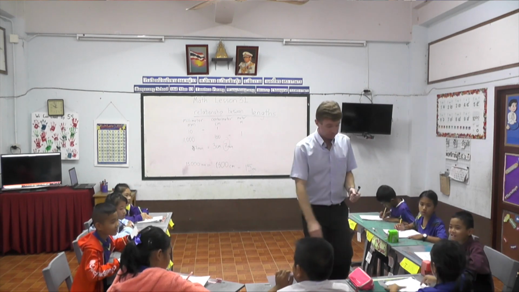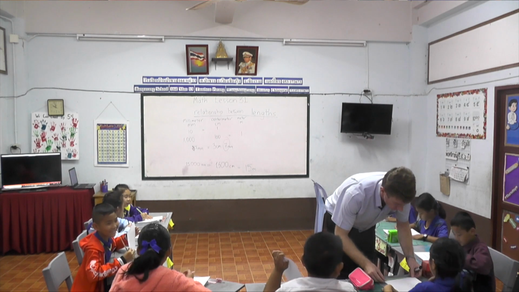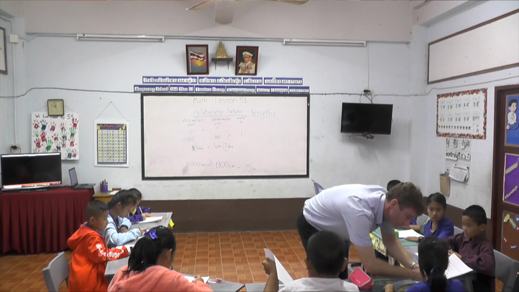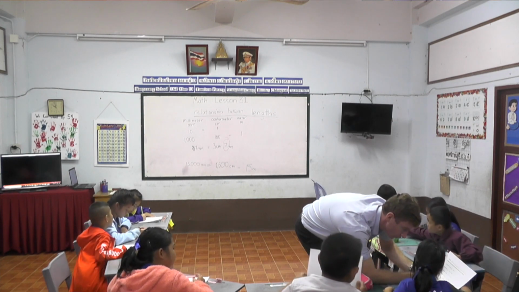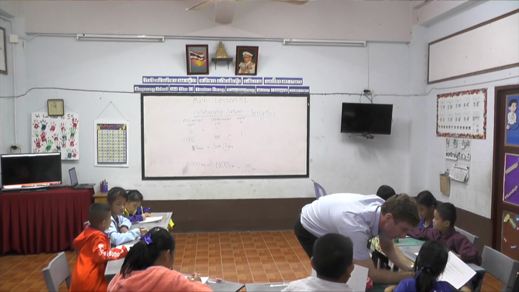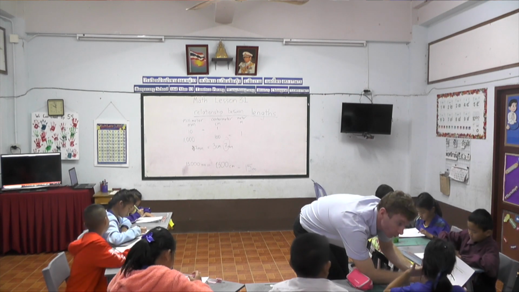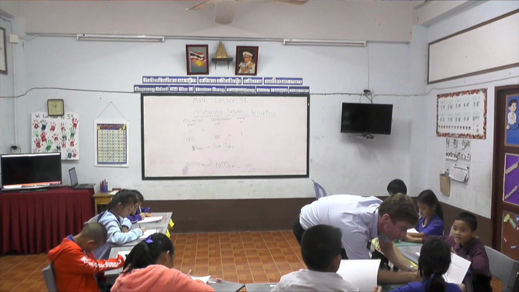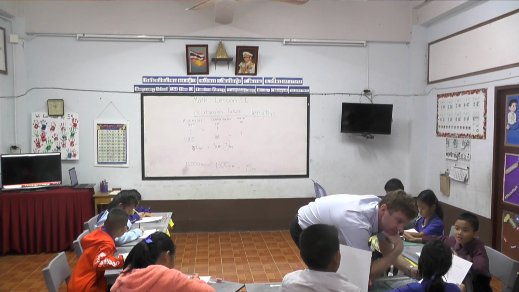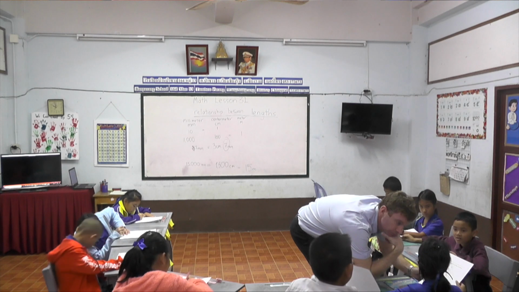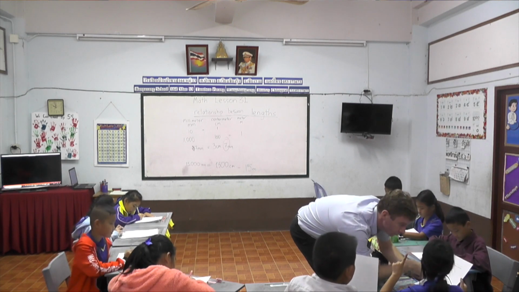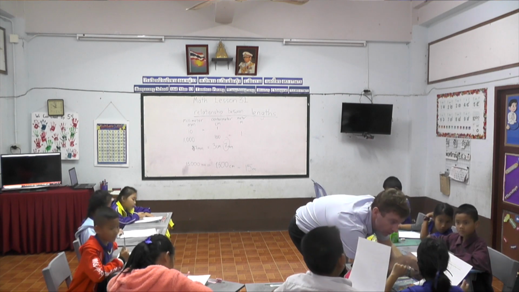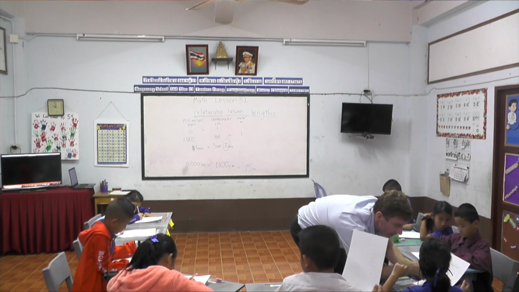Okay. 25,000, no, 26, 25, and then 190 millimeters. 10 millimeters is how many centimeters? 1. So 190 millimeters. 19, not 9, 19.